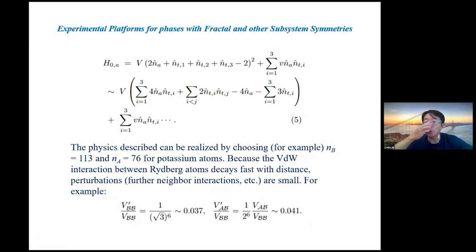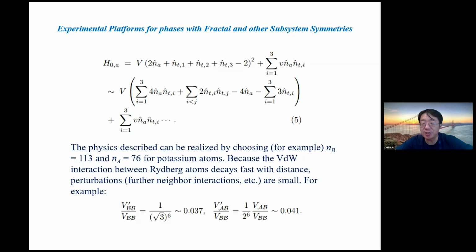So this means that if we try to probe fractal physics within a finite size, the fractal physics will still survive. But we cannot make the Sierpinski triangle extremely large. The evaluation we did is that the Sierpinski triangle with size up to L equals 16 will still be the low energy excitation of the system.